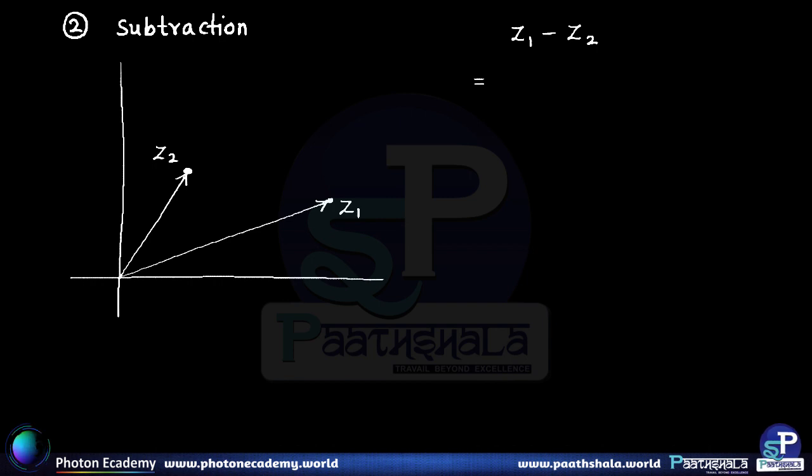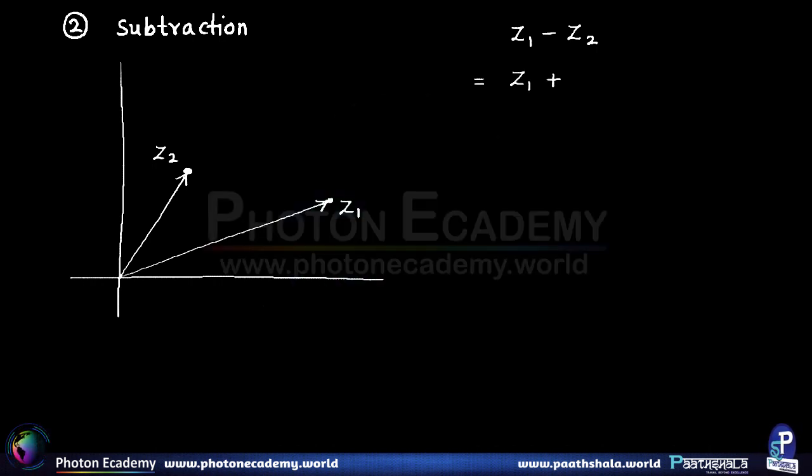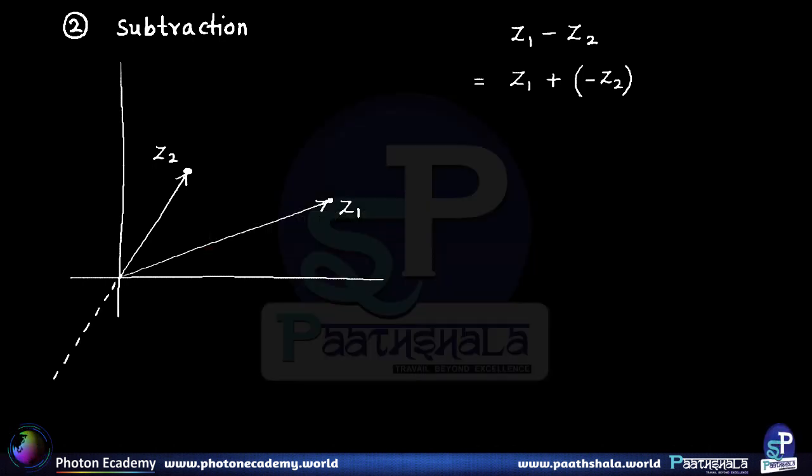Now this subtraction can be viewed as nothing but addition of minus z2. So it's equivalent to adding minus z2 to z1. Now minus z2 is nothing but the z2 which is turned backwards, that is in the opposite direction. So when we take the opposite of z2, we get minus z2. Now we have to add z1 and this minus z2.